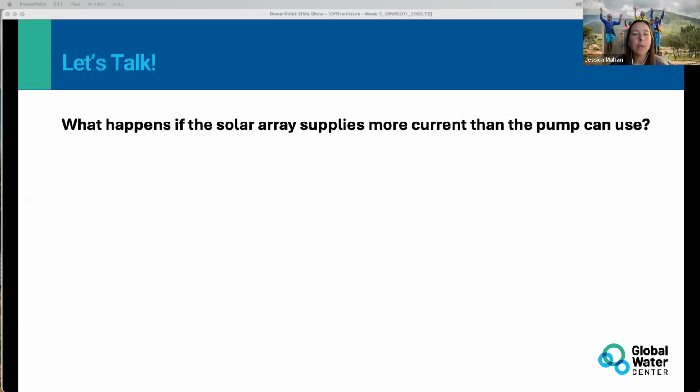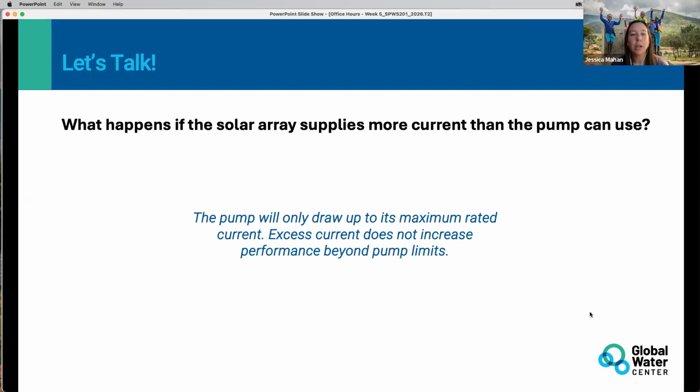And that's where we get fuses and breakers and overcurrent protection. But on a normal operating day, our pump is going to decide how much current it needs, and it's going to pull it. That's the main factor that's going to increase or decrease the power to our pump: it's going to pull more or less current, whereas the voltage is going to stay fairly the same for the most part during the day.